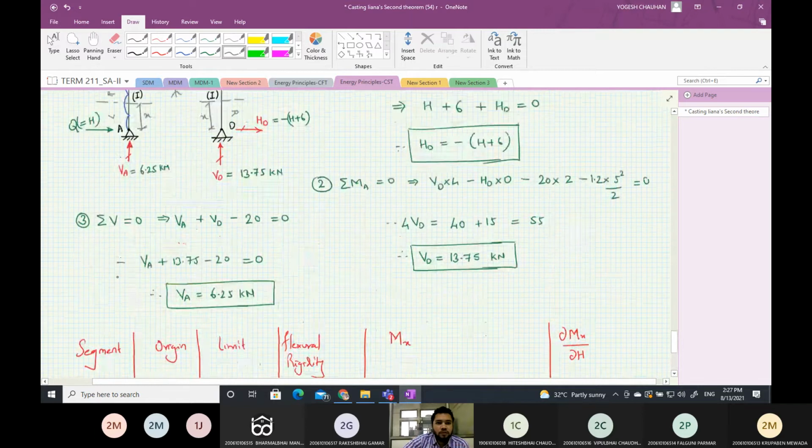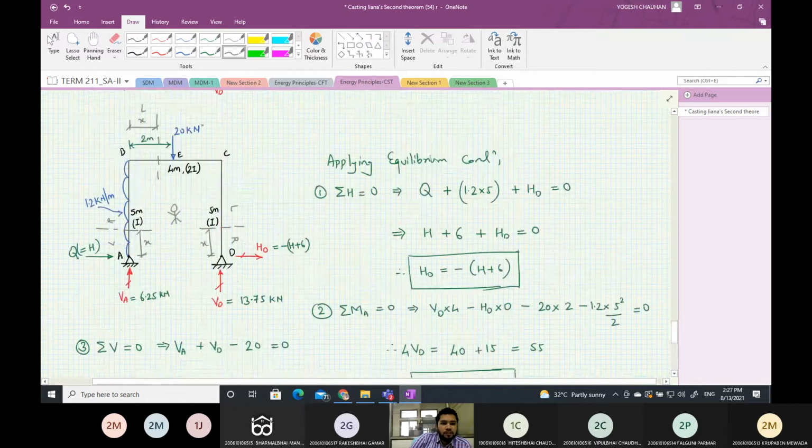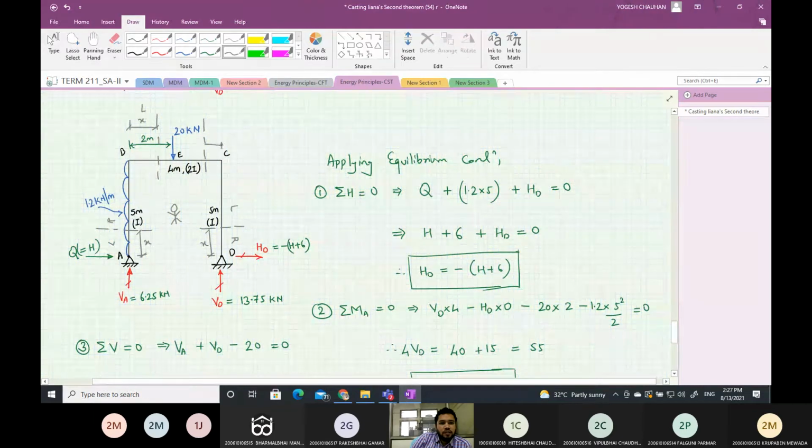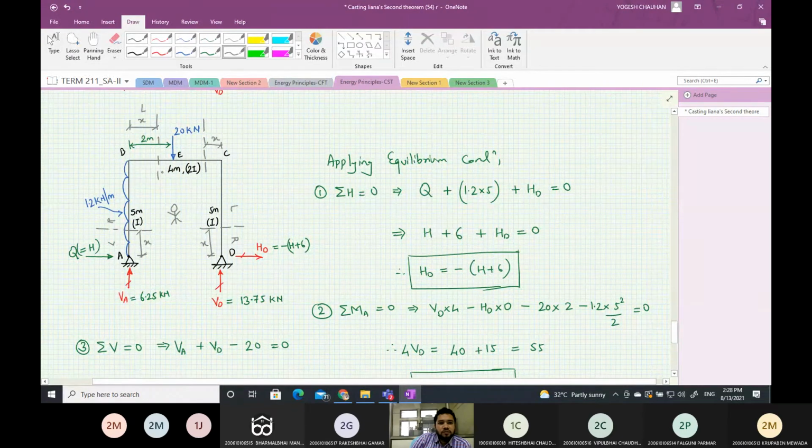Now we are taking a section here, again at a distance x from C, and we will be taking the right of the section. Here also we take right section. Here we take left section. So by taking the right of the section, we have only these two forces about this section.